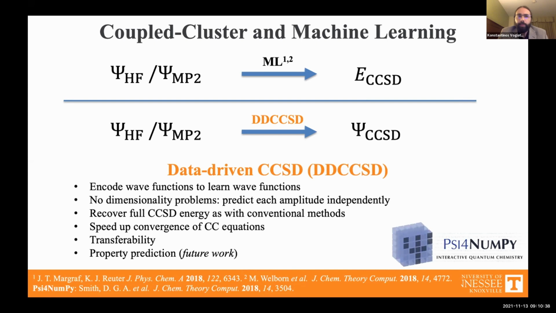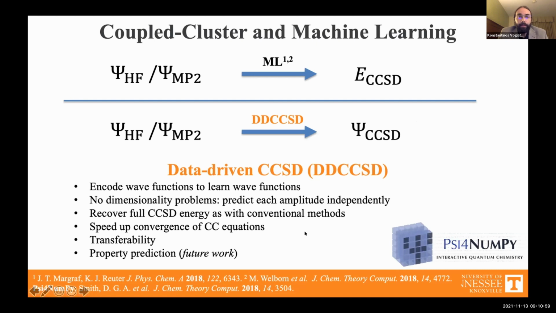In our methodology that we loosely call DDCC, data-driven coupled cluster, we are encoding information from cheaper wave functions in order to learn more expensive wave functions, the parameterization of the most expensive wave functions. We have no dimensionality problems because we predict each amplitude separately.